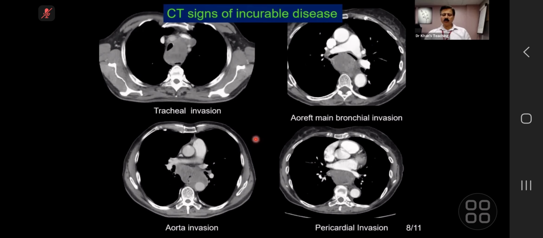As we considered previously, EUS is the top modality to pick up T staging, but there are some CT criteria to convert it into a T4B tumor. And this T4B on CT criteria becomes inoperable. So there will be cases in which you on a CT can also suggest that this is an inoperable case.